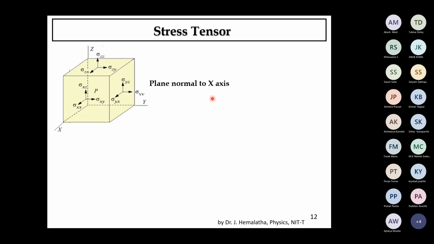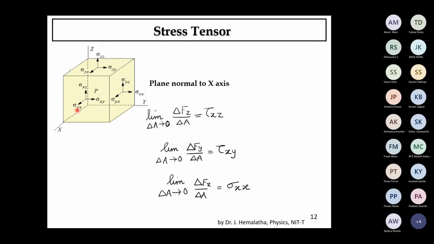Similarly, you do it for the x-axis, a plane normal to the x-axis. You apply all three components of force. When you apply the Z component of force, it is going to be in this portion, right? The plane normal to the x-axis means it is this plane. Only when the x component of the force is acting, it is going to be the normal stress. The other two stress values will be tangential, so I prefer to write tau.